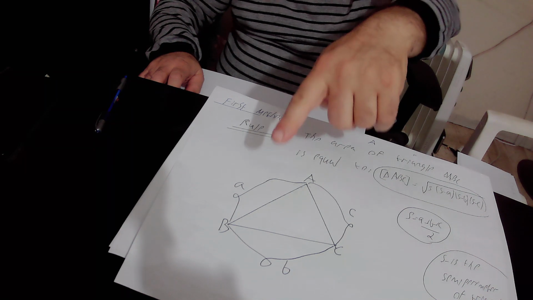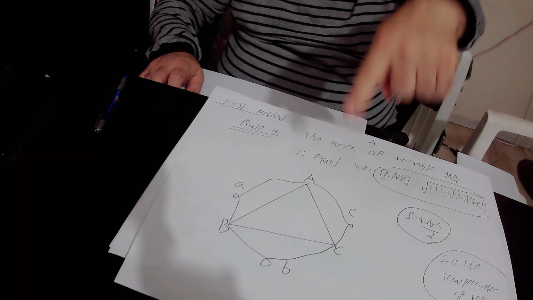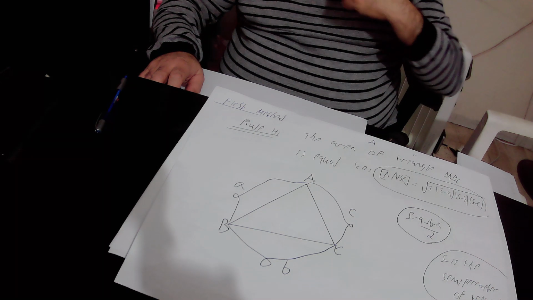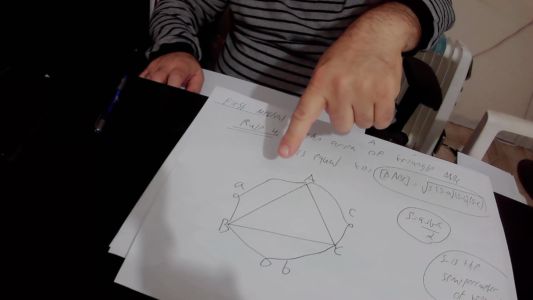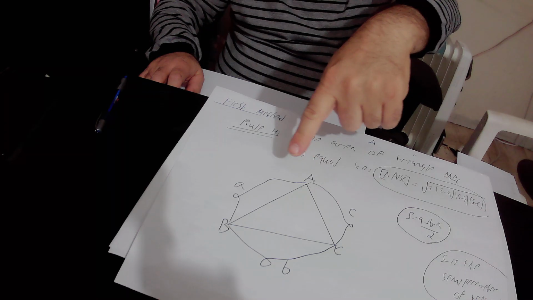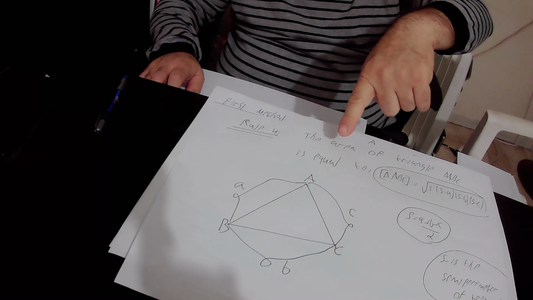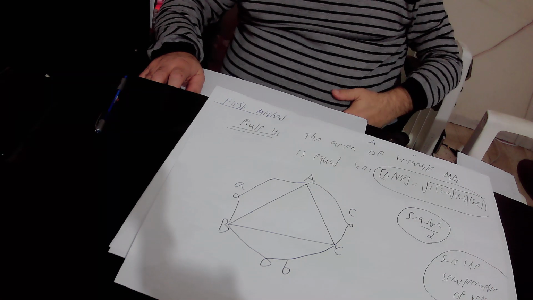So the semi-perimeter of this triangle ABC equals A plus B plus C over 2. A is the length of side AB, B is the length of side BC, and C is the length of side AC of this triangle ABC.